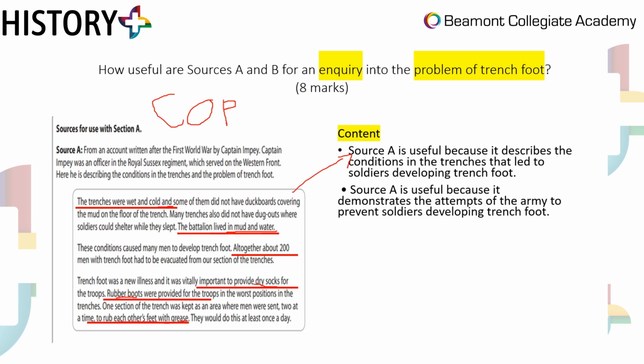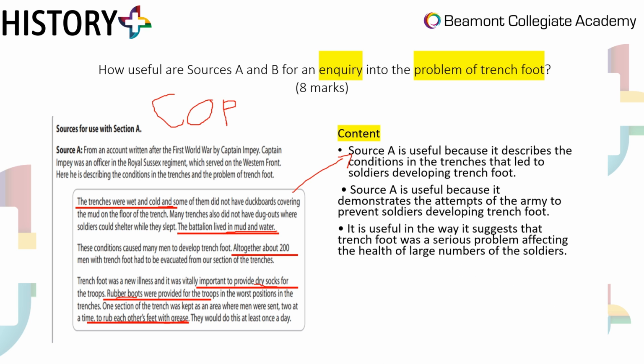You could stop there if you wanted to, but if it's a really good source, there's nothing stopping you from going for a third content point. It's useful in the way it suggests that trench foot was a serious problem, which really links back to the focus in the question, affecting the health of large numbers of soldiers.